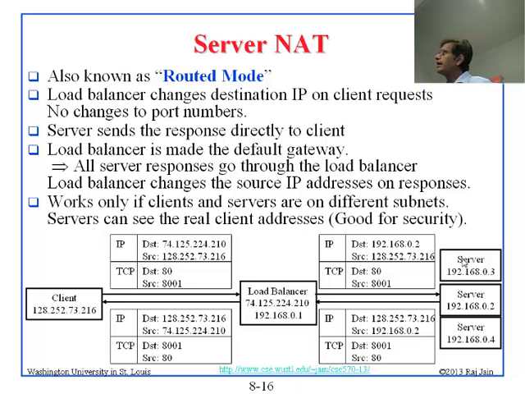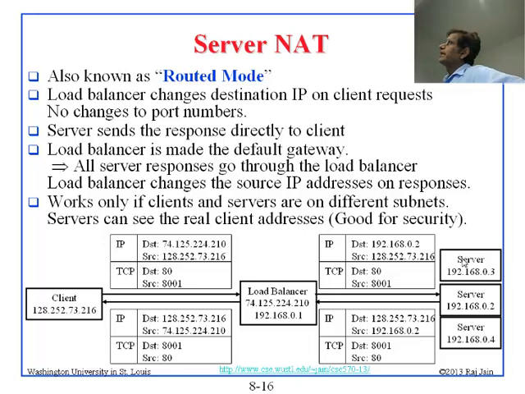Alright, now the server can send a response. It will just flip these two, destination and source, and send it. So let's see, 216 is outside, the port number is 8001.